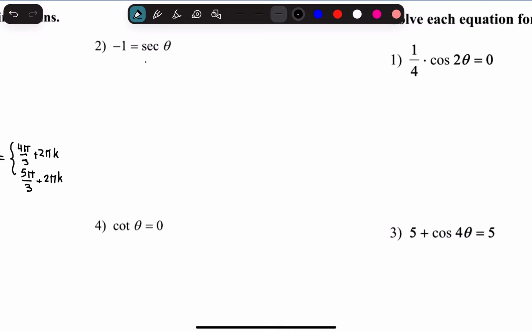So we can rewrite this as cosine of theta is equal to negative 1, and cosine is negative 1 at theta is equal to pi in 1 cycle.